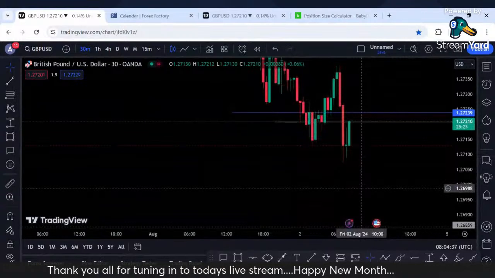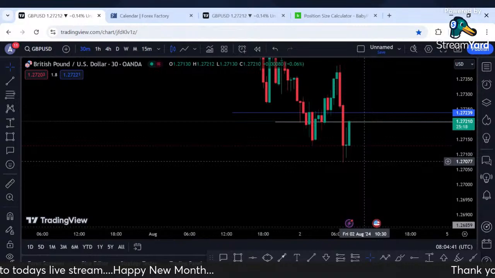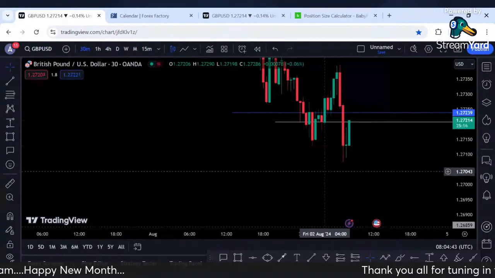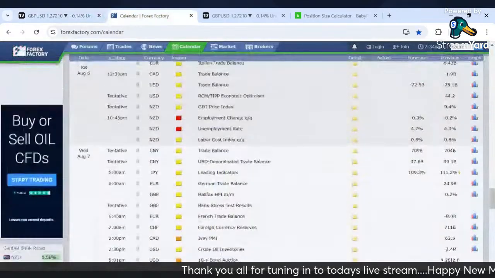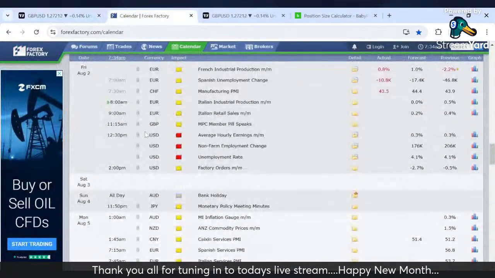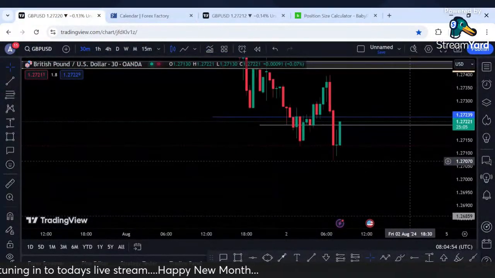So as I said, with NFP weeks, from experience, I think I even pasted it on my wall, you always have to be super cautious. Today is NFP, unemployment rate and NFP.